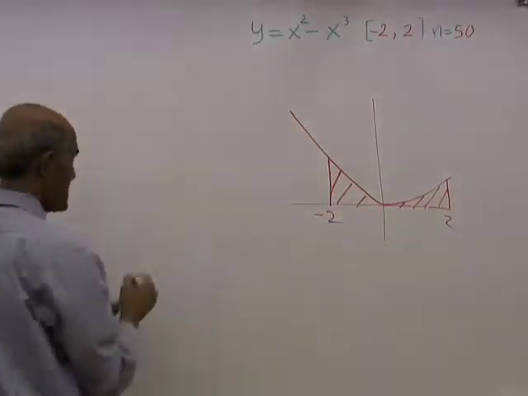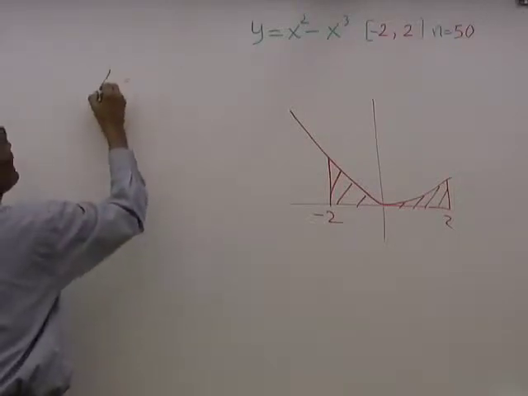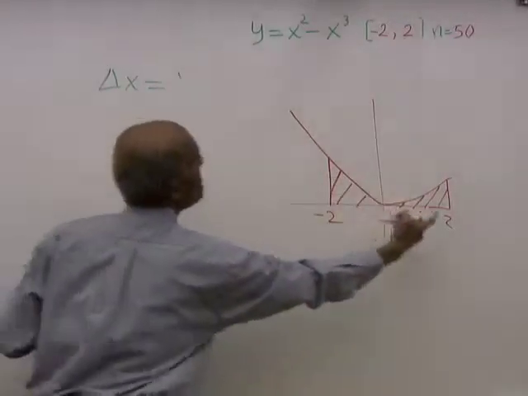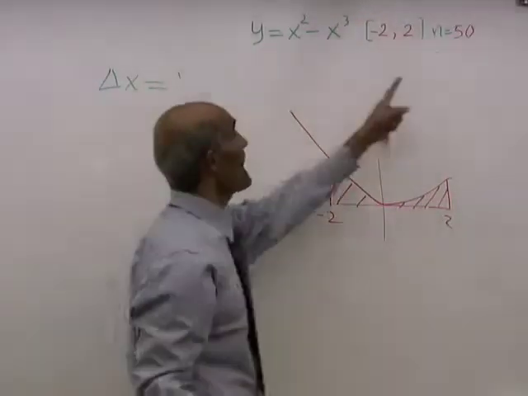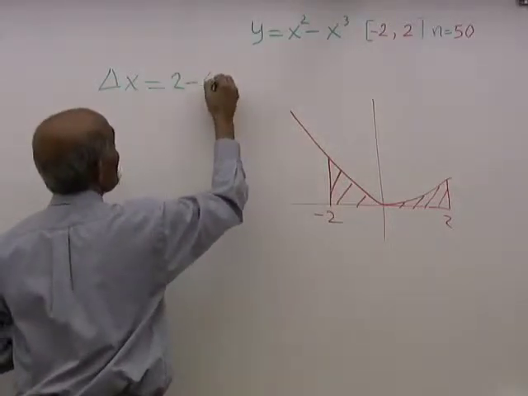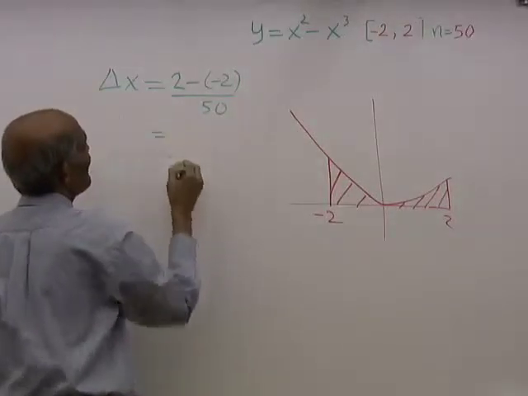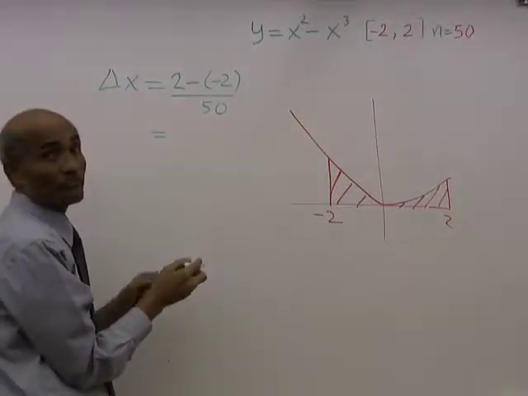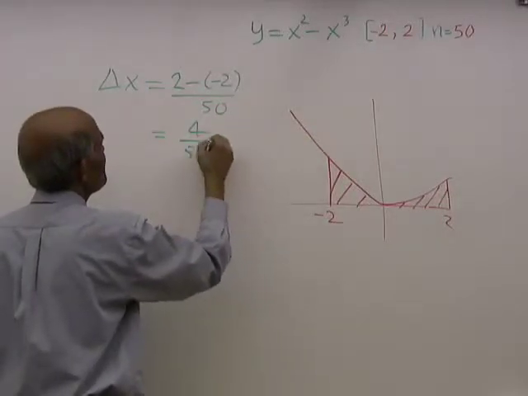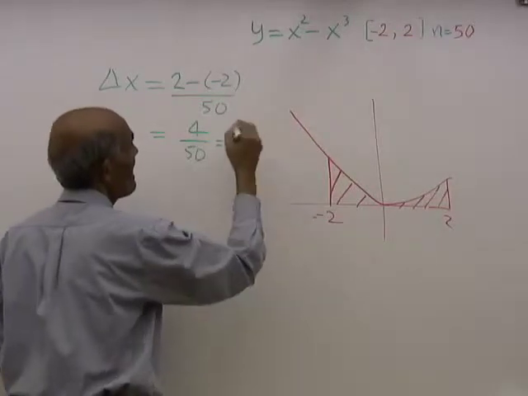Now, tell me, what is delta x? Well, delta x will be b minus a divided by n. That will be 2 minus -2 divided by 50. That will be 4 divided by 50. That will be 12.5.